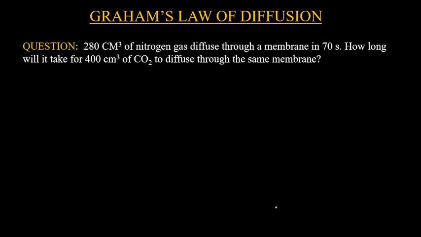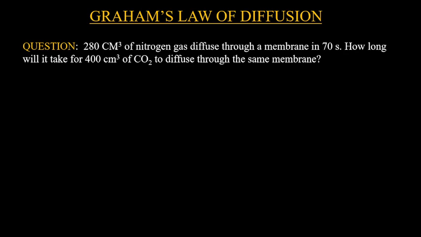This question says that 280 cm cube of nitrogen gas diffused through a membrane in 70 seconds. How long will it take for 400 cm cube of carbon dioxide to diffuse through the same membrane? Feel free to pause the video and try the question. We know the volume of nitrogen that has diffused and the time it takes.